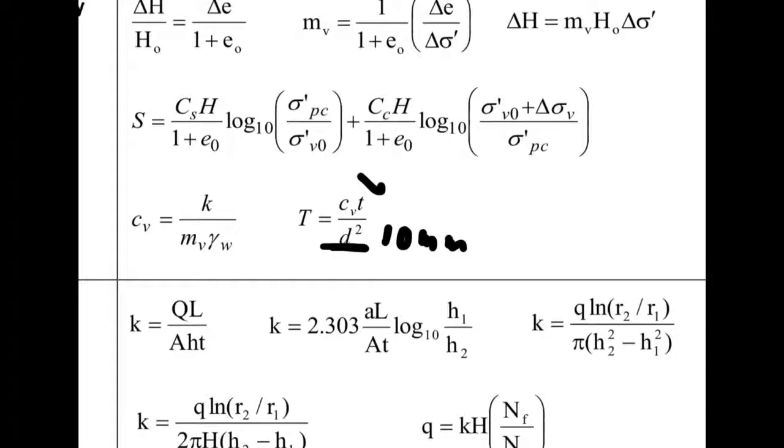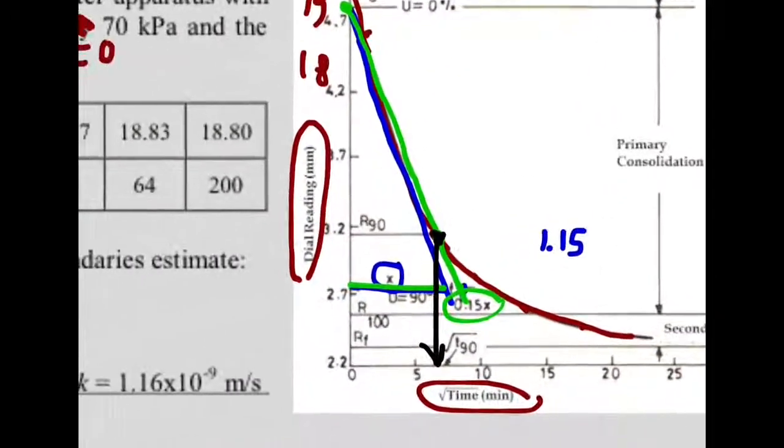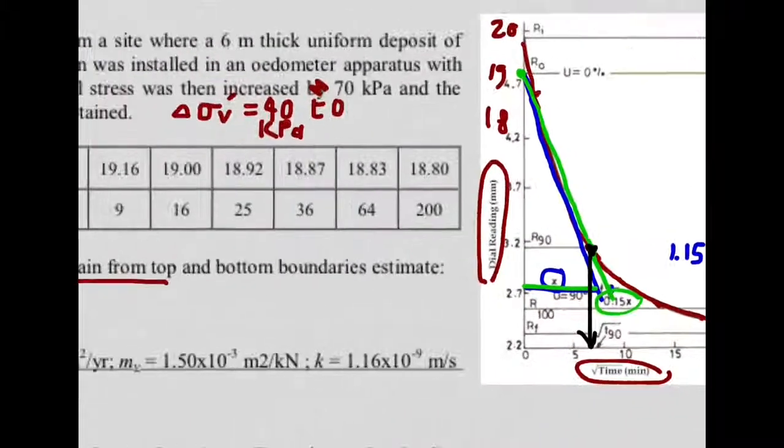Because the specimen is 20 millimeter and it is drained from both sides. Then the time factor for 90% degree of consolidation is a value known from the table, 0.848. So simply I can get CV from this equation using the time for 90% degree of consolidation.